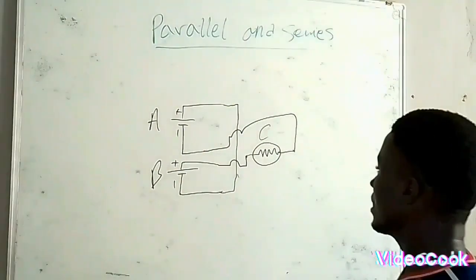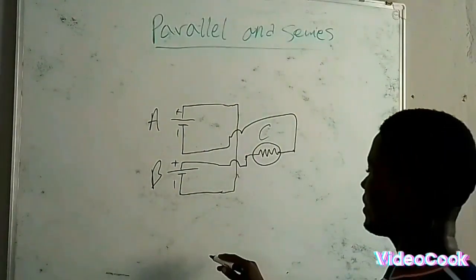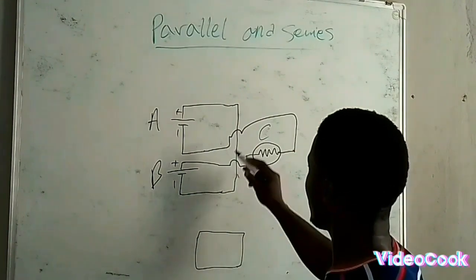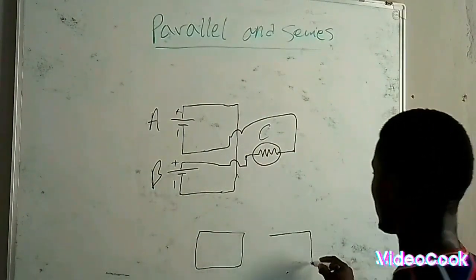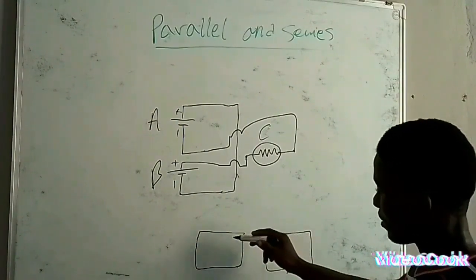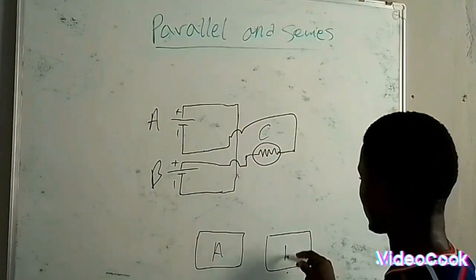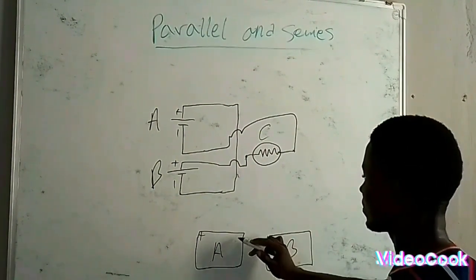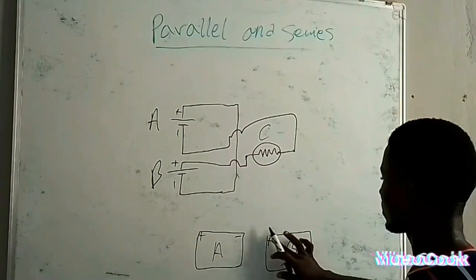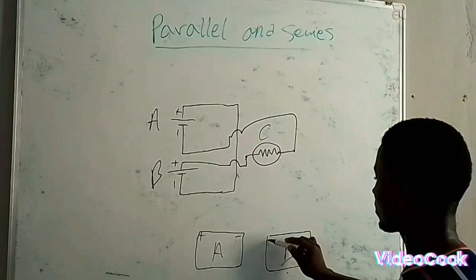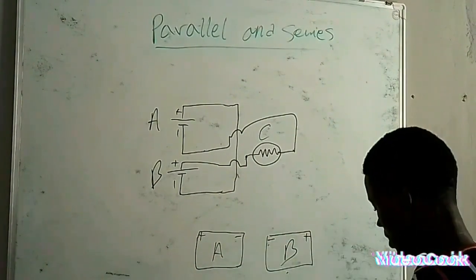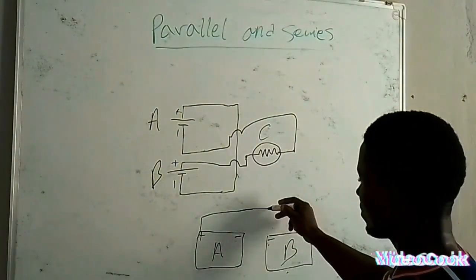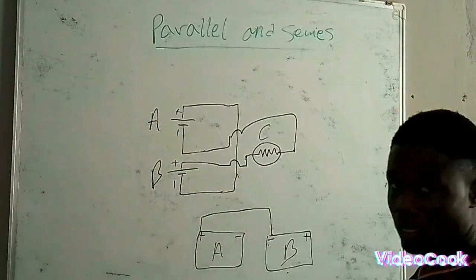So in this case, if you observe, you see that the positive terminal of the first battery is connected to the negative terminal of the second battery.